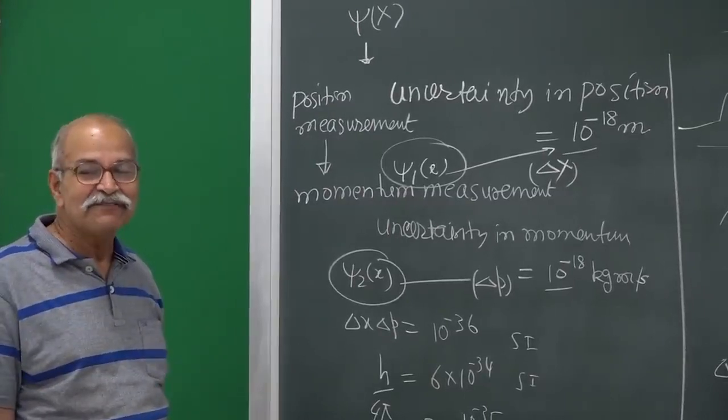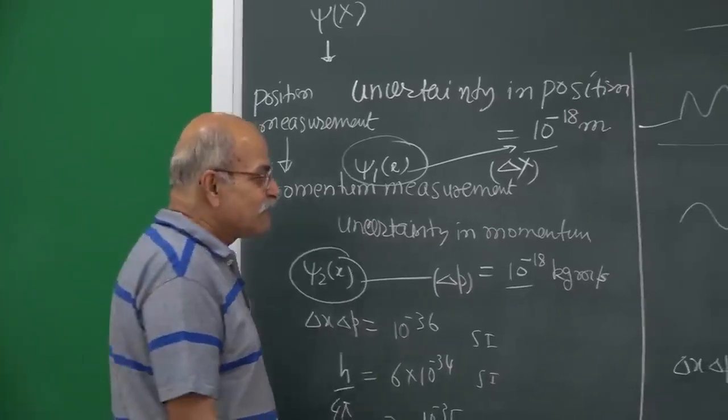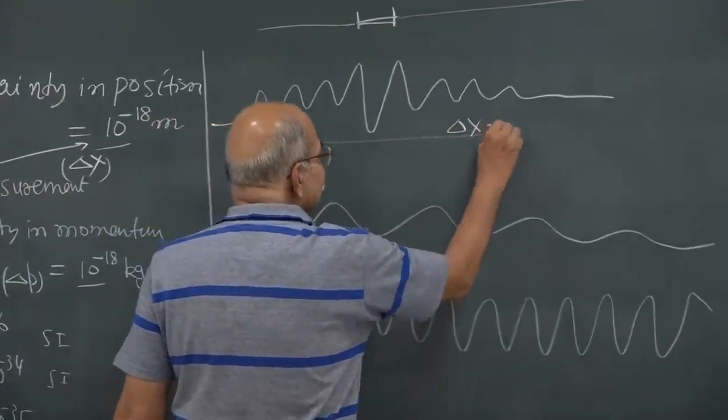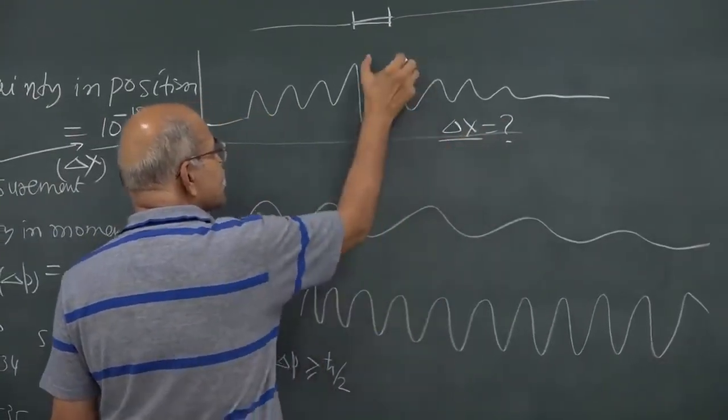A single measurement you can always do, right? If you have a wave function and you want to make a measurement, you can ask how accurate you can measure the position.